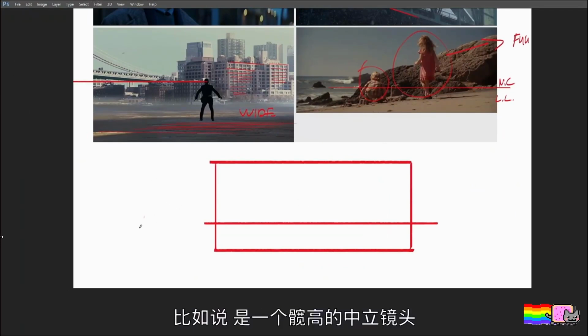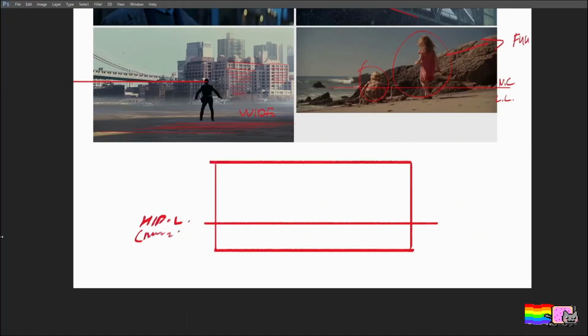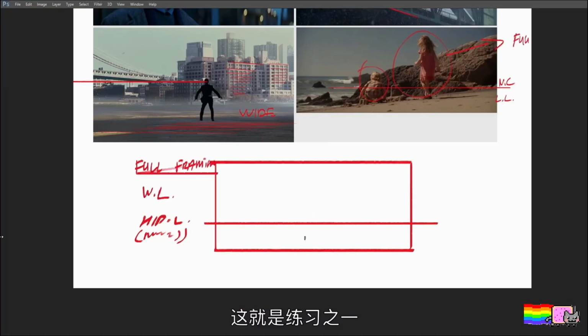Let's say it's a hip level, neutral camera, and then it's a wide angle lens, and we have a full framing, right? So that would be one of the exercises.